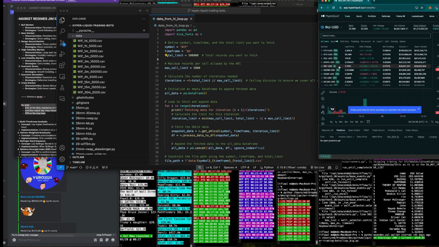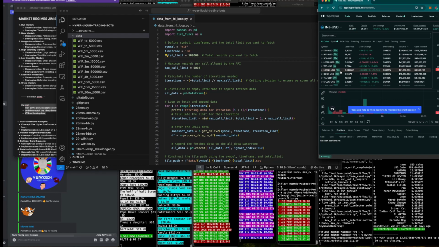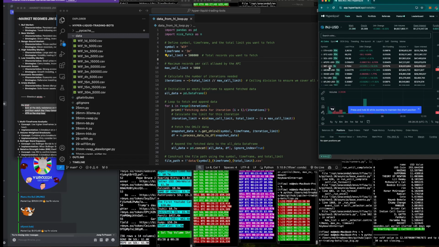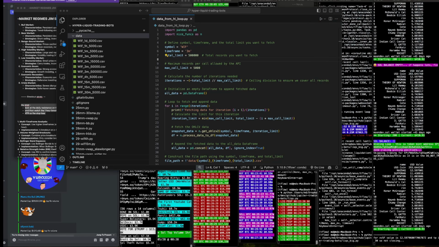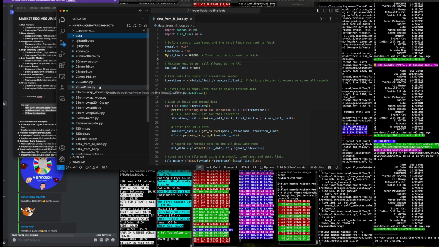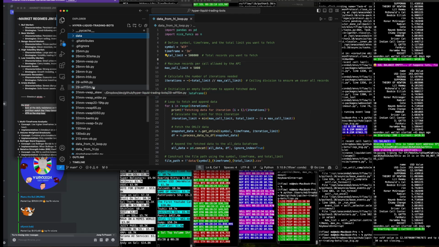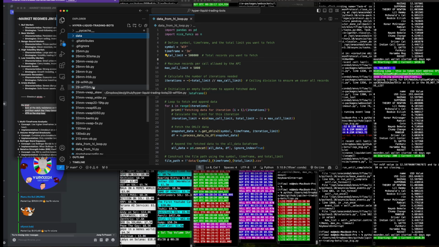Pepe, WIF, kBONK, Doge. All right, I think that's a good way to do this. I think I have all of the connections already to get connected for the trade. Yeah, I absolutely do because I have bots running, so I know everything works with the trading side. The bot is not the hard part.